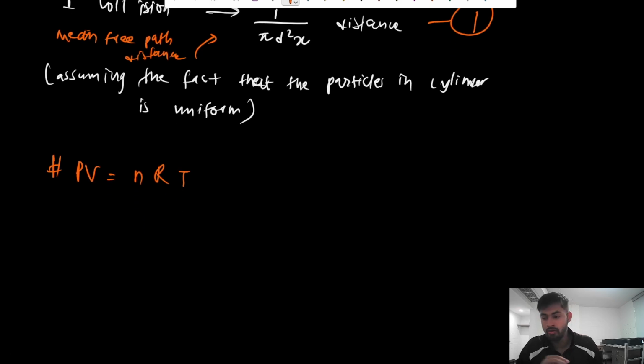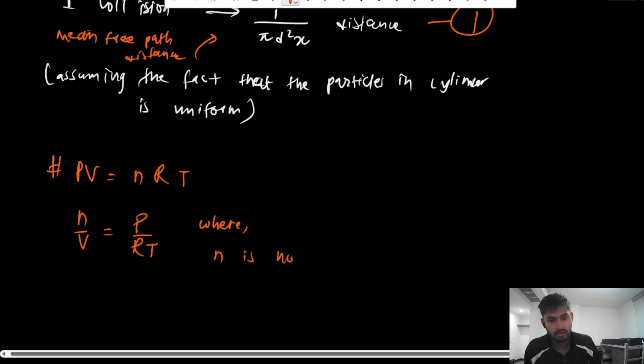So we know again N by V, if we change the equation, would be n over V equals P by RT, where n is number of moles, right?